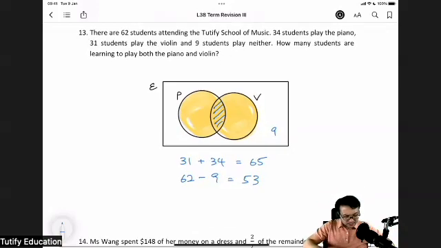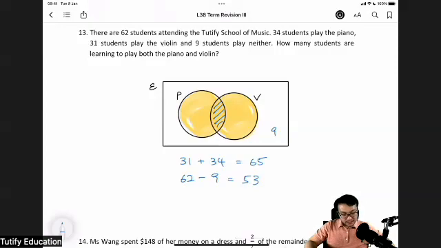So how many people should be in the overlapping region? How many people are there supposed to be in the overlapping region, Abby? I think 3. Did you say 3?